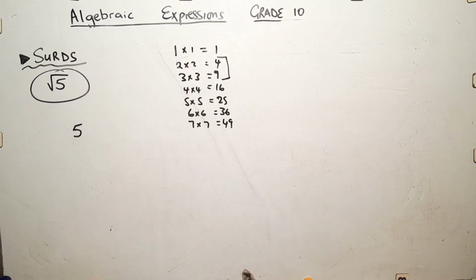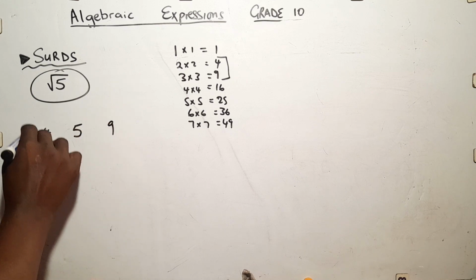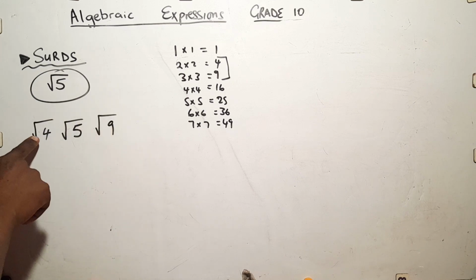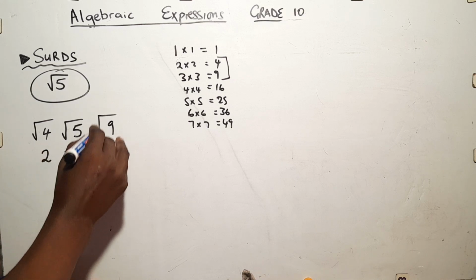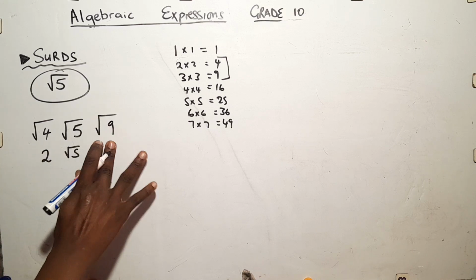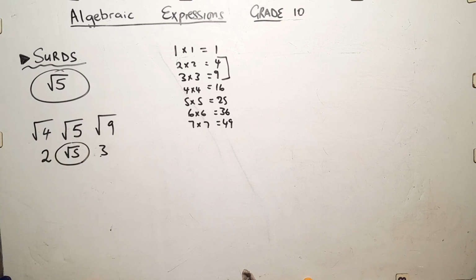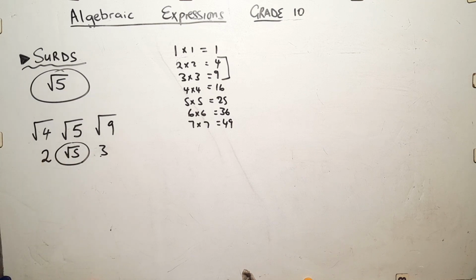So root of 4, root of 5, and root of 9. Root of 4 is known, it is 2. Root of 5 is not known, and root of 9 is 3. So it means that root of 5 lies between 2 and 3. These are the integers where it lies.